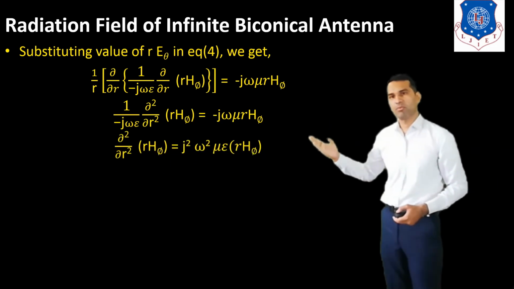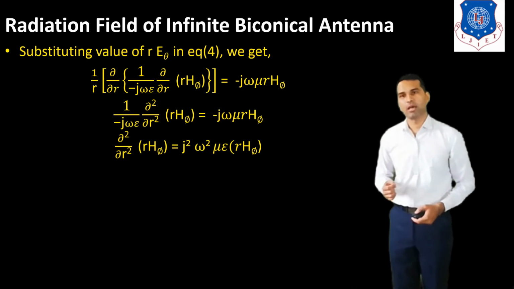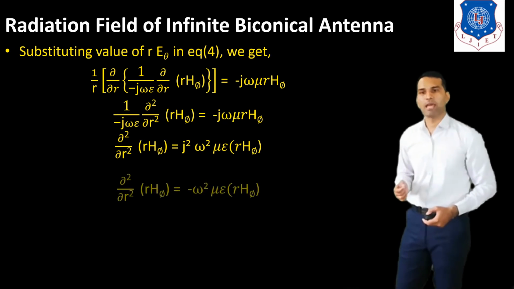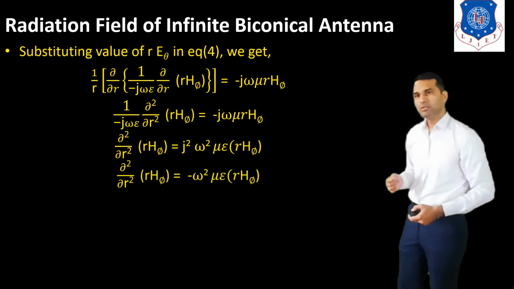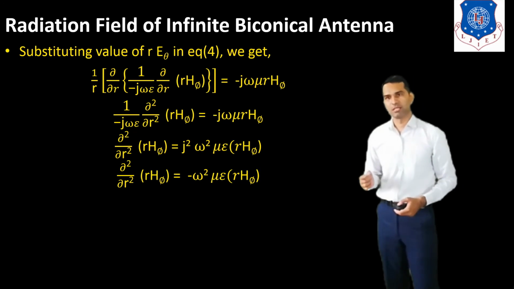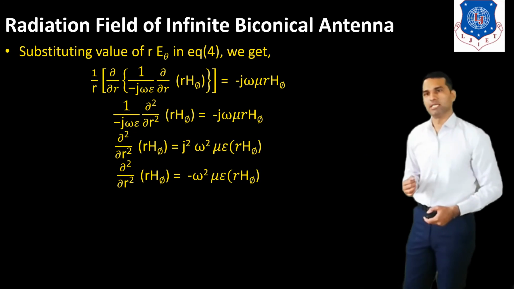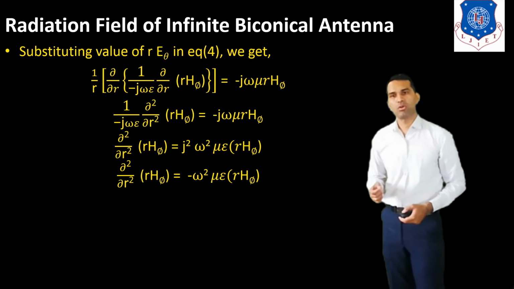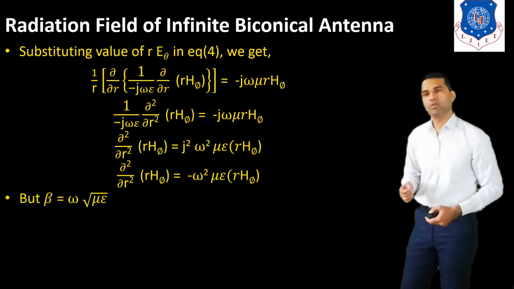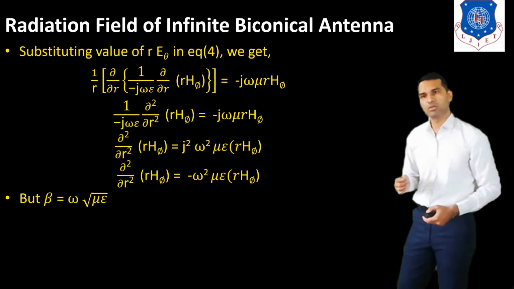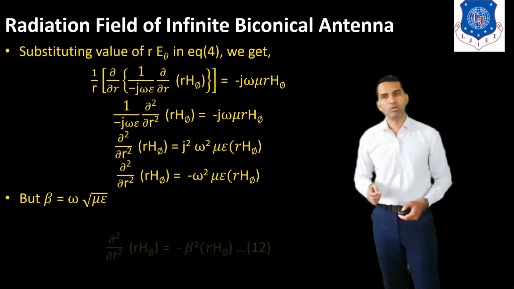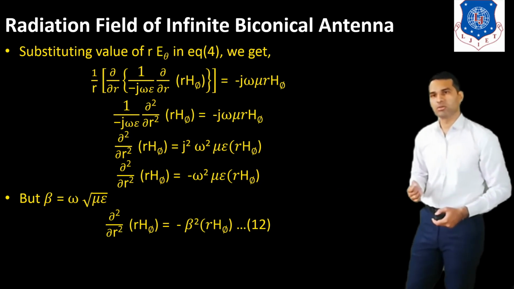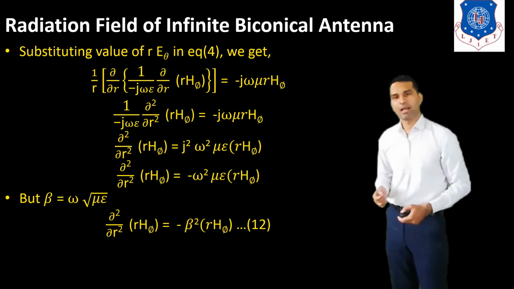Further simplifying, del square by del r square r H phi is equal to j square omega square mu epsilon r H phi. We know that j square is nothing but minus 1, so we can write minus omega square mu epsilon r H phi. But we know that beta is equal to omega under root mu into epsilon. So we get del square by del r square r H phi is equal to minus beta square r H phi.